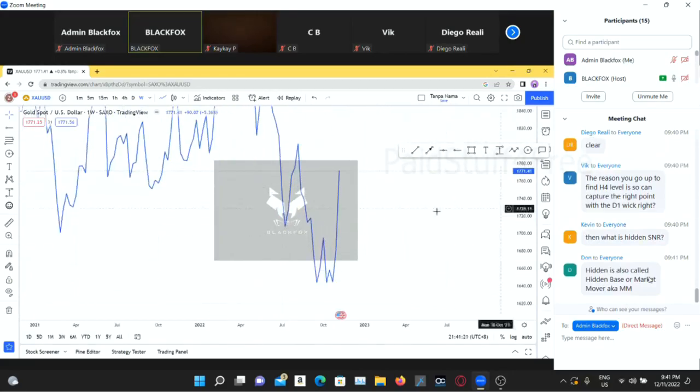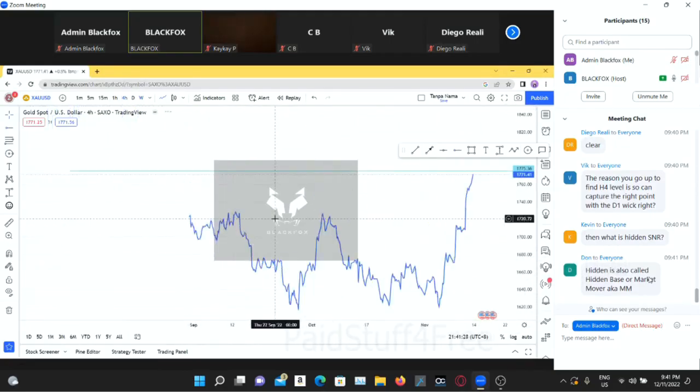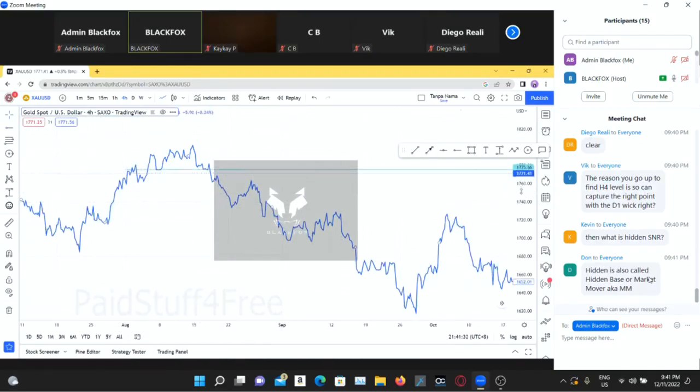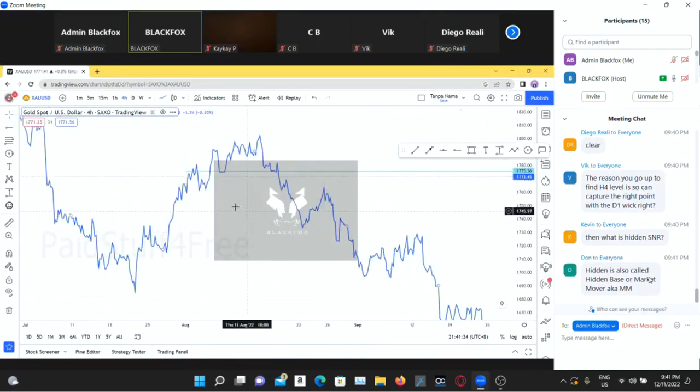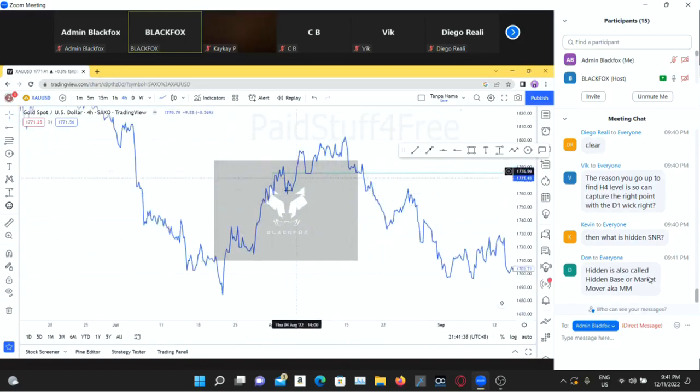This one is hidden, right? So hidden SNR, this one, has SNR inside the hidden.